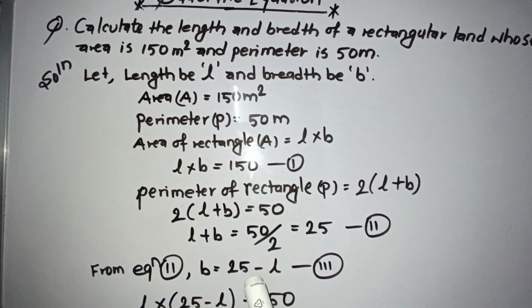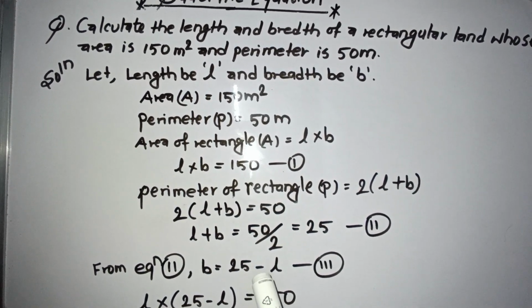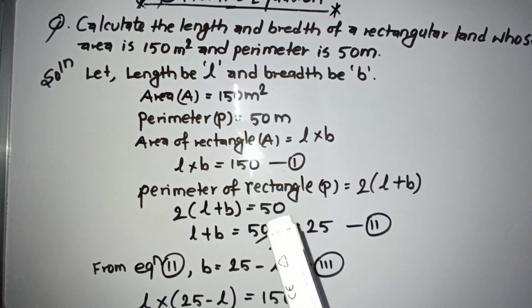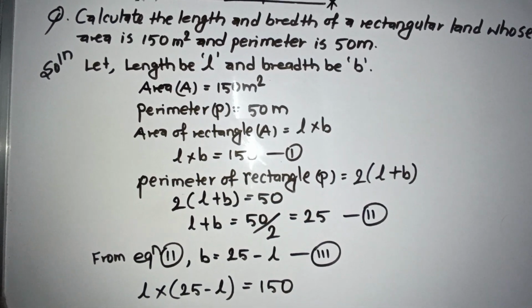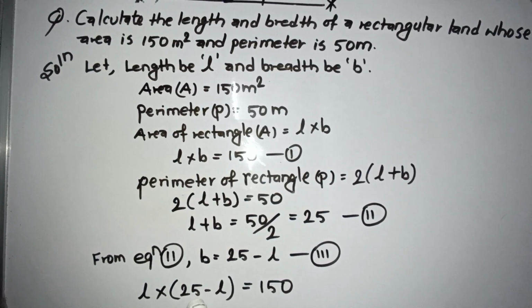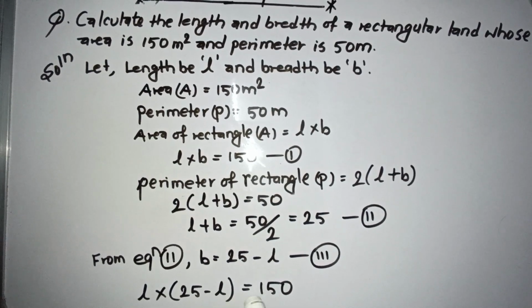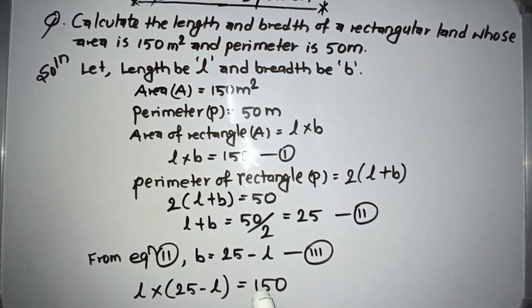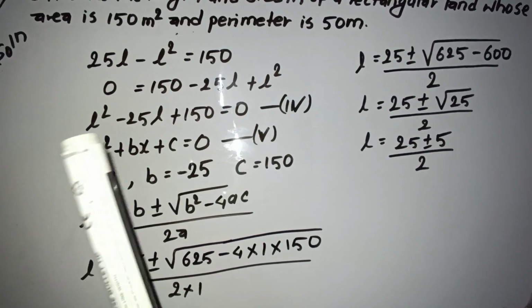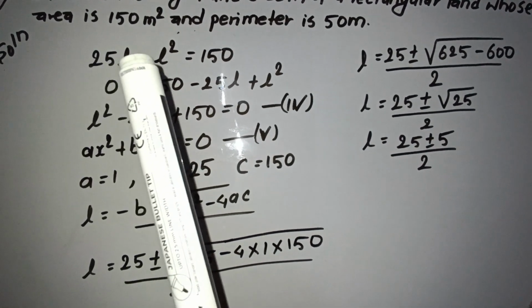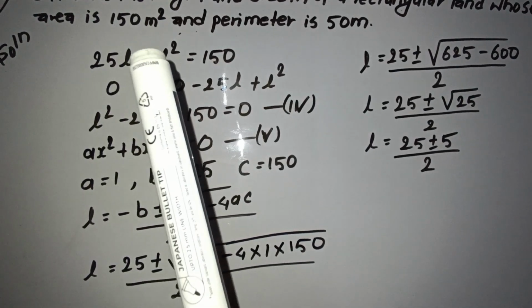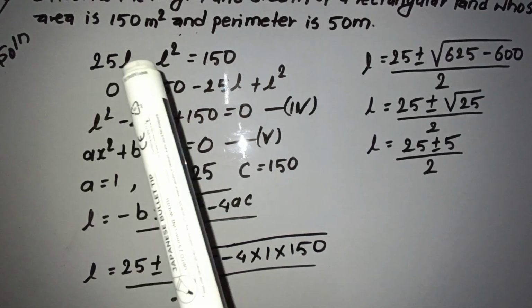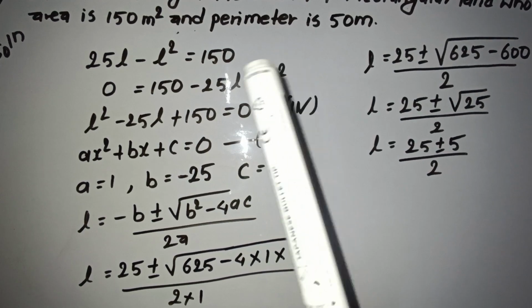And if we substitute the value of equation third into equation first, we get L multiplied by 25 minus L equals 150. We multiply L and 25 minus L, then we get 25L minus L square equals 150.